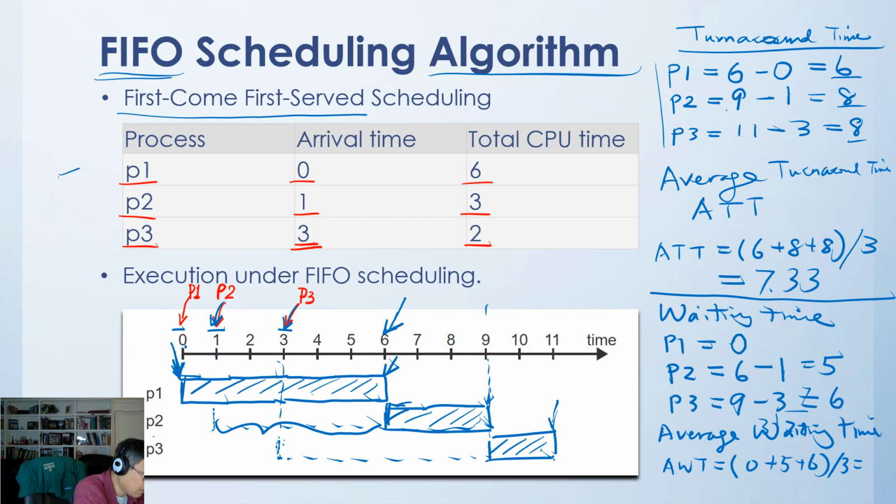It's 11 divided by 3, which is 3.67. So typically we measure the performance of the process and the algorithm using these two measurements: average turnaround time or average waiting time. Either one is going to work.